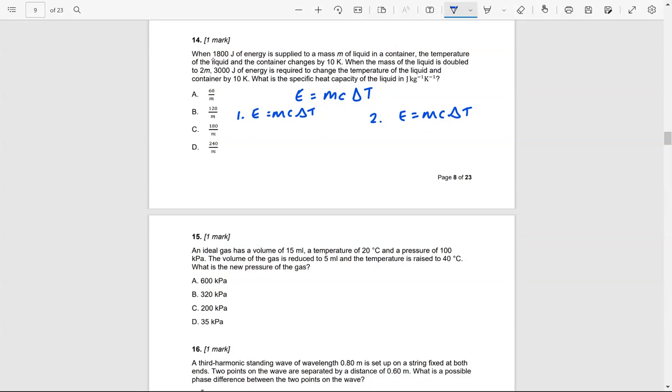So number 1, when 1800 joules is supplied to mass m of liquid in a container. I'm going to put container MC. So we've got a mass of a liquid in a container that has mass. The temperature of the liquid and the container changes by 10 Kelvin.